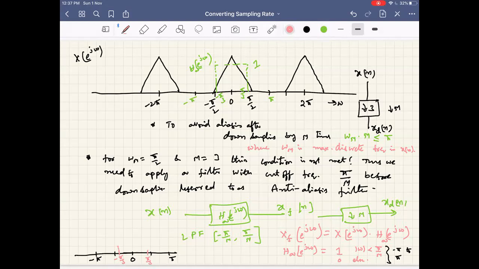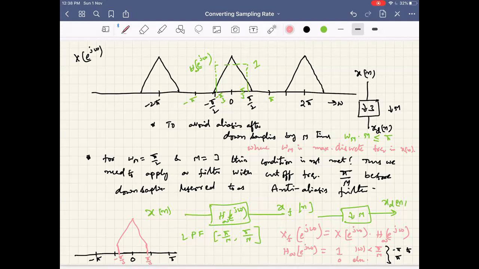And this straight comes here. So this is how this clipped or tapered spectrum looks. Minus pi by 3 to pi by 3.